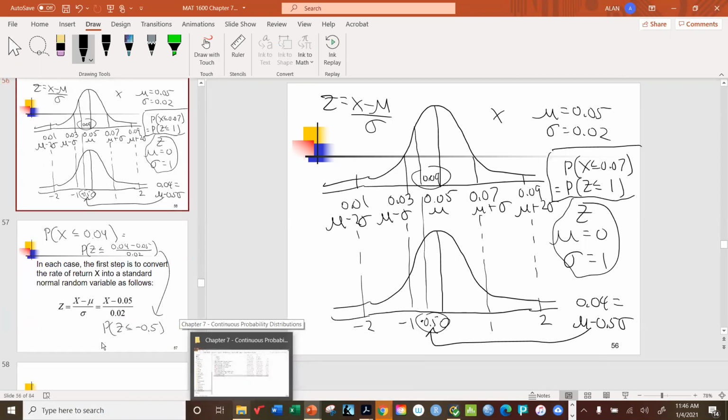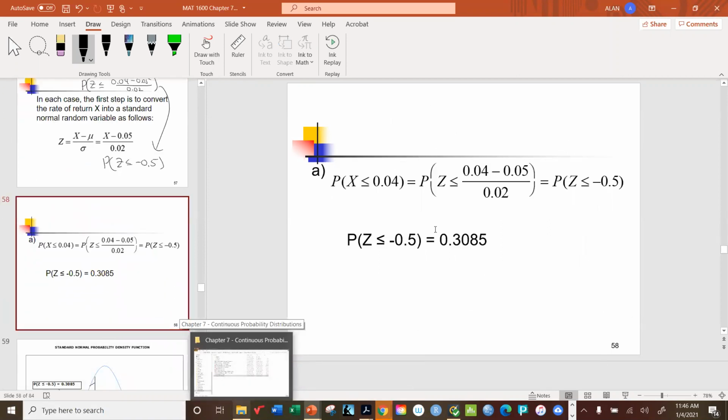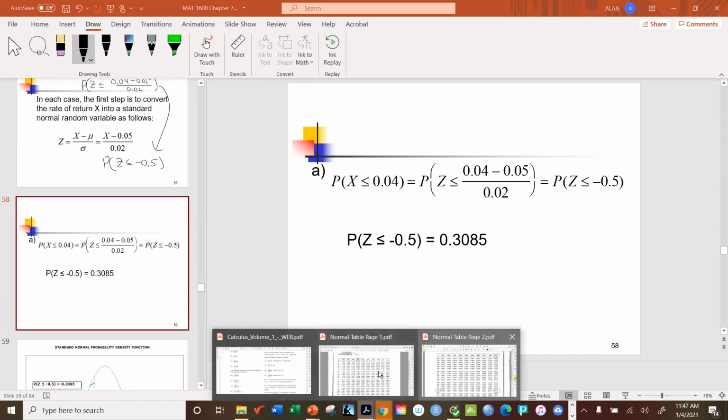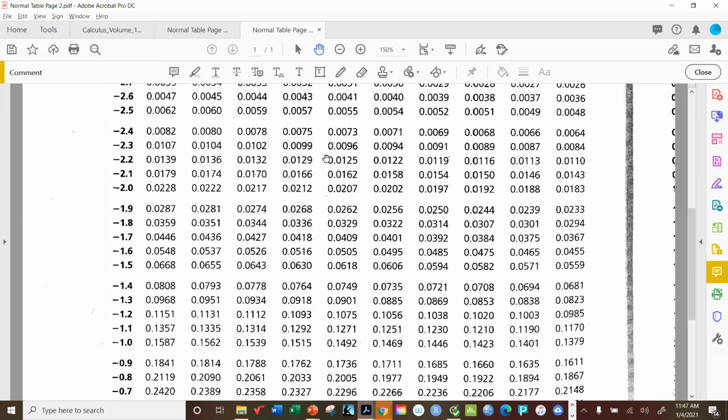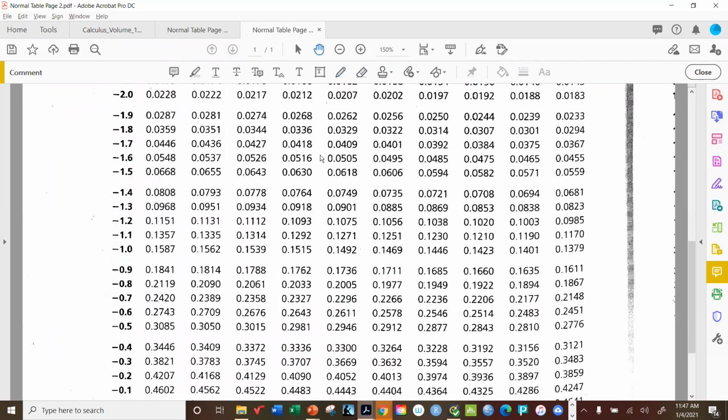All right, and we can go look at our chart. And let's get to the negative chart. Negative 0.5 would be a very simple one. It would be the intersection of negative 0.5 and 0.00.